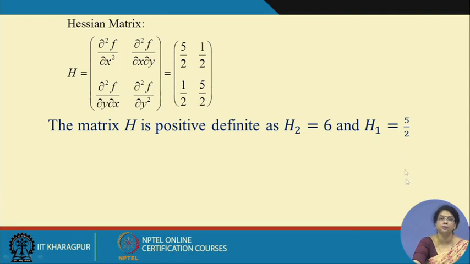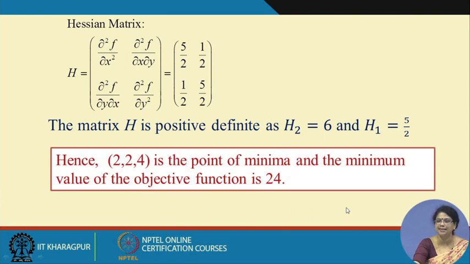Both are positive. That is why we can declare that we are getting a positive definite Hessian matrix. That is why whatever extreme points we got from the necessary condition give us the minimum value of the objective function.